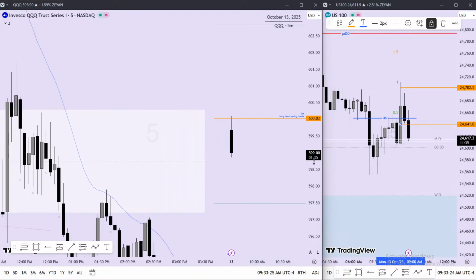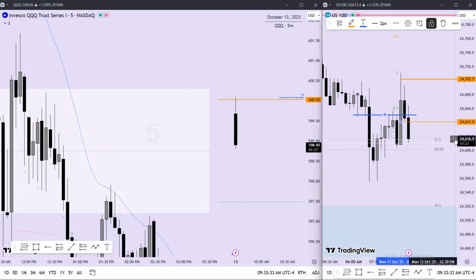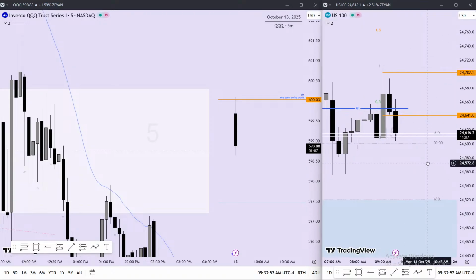Once the 15 minutes close, that will determine how I will place the trade and in which direction. For example, if we move and we stay below 641, I am not interested in taking a swing long nor a swing short. I'll just take a scalp short and call it a day until we get above 641 again.